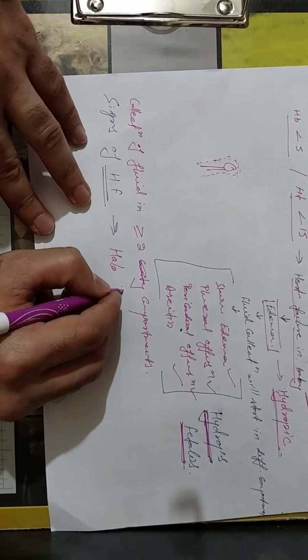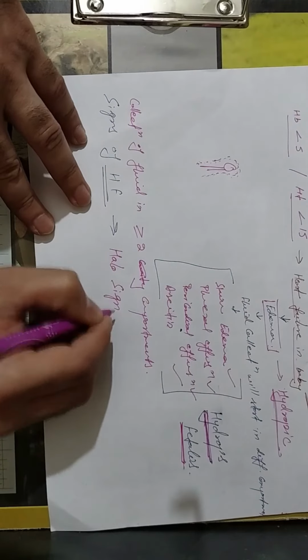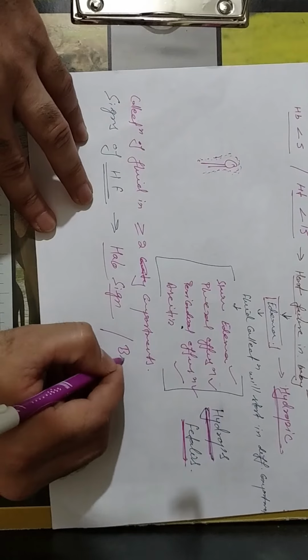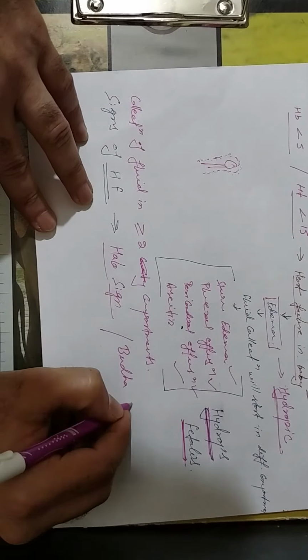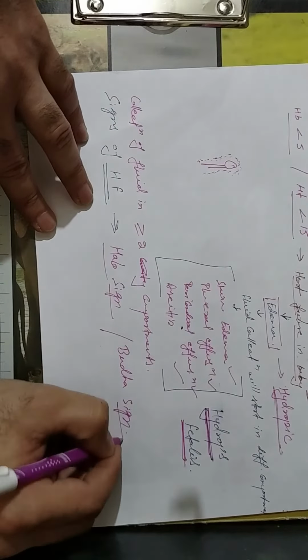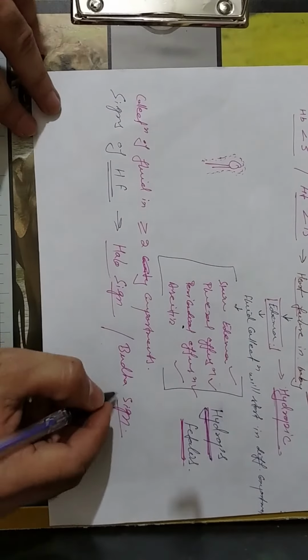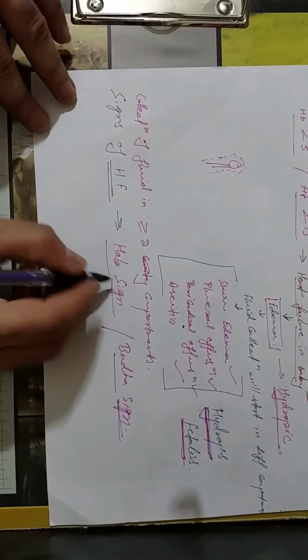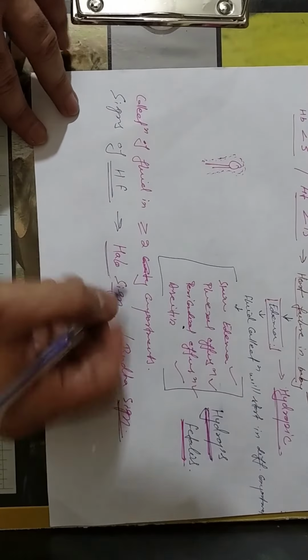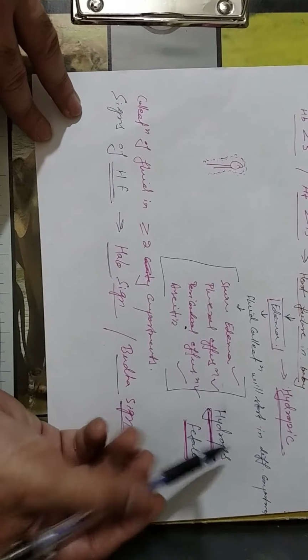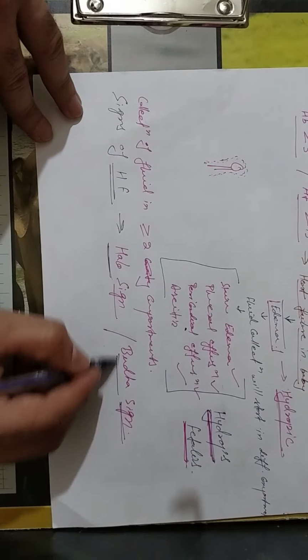So this is called the halo sign or Buddha sign. So in the question, if they ask you the definite sign or X-ray sign of hydrops fetalis, that is the halo sign or Buddha sign.